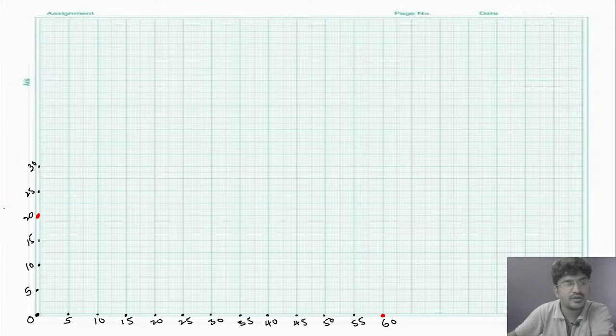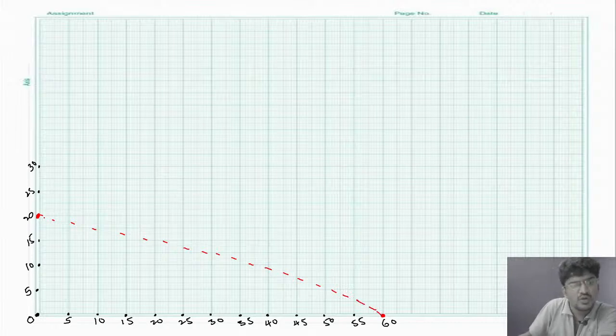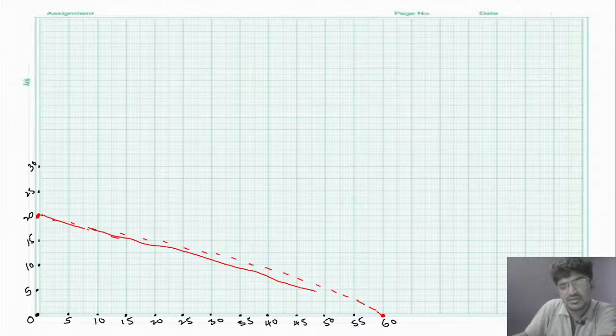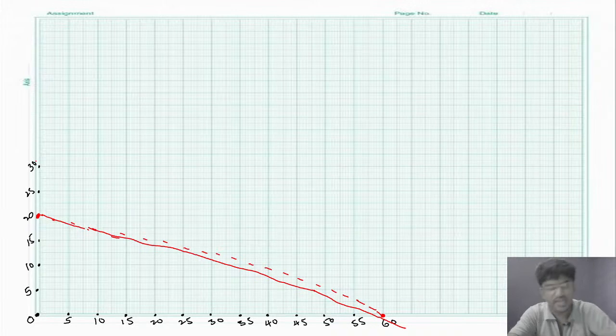Okay, so you take the scale and join this line. Clear? So all of you join this line and you can draw the graph, no problem.